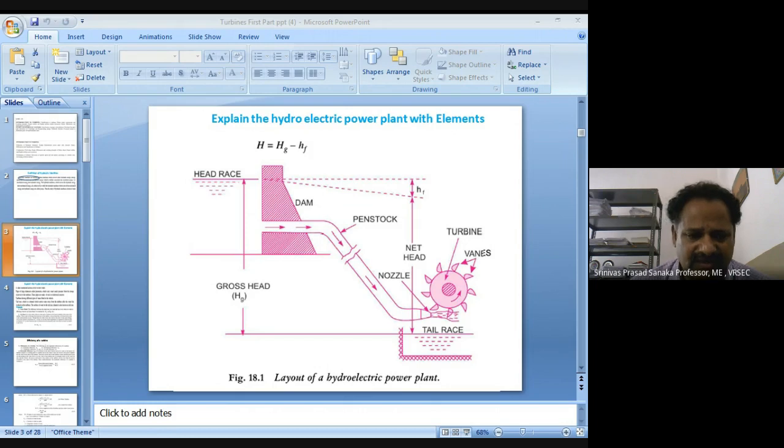As you know, friction is one of the inevitable phenomena that will offer resistance to the flow when the water is conveyed in the penstocks.